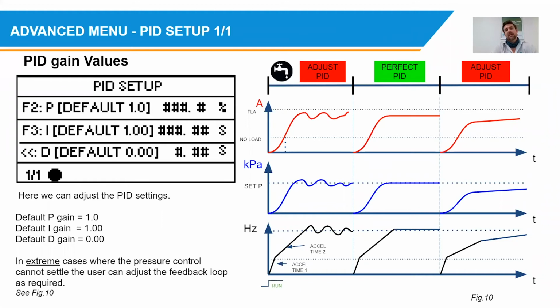It's here for that 0.1% of the time options, but generally you don't need to adjust the default PID values. P gain of 1 and I gain of 1 is very good control that we've seen from the field. So only in extreme cases do you really need to adjust the PID gain values.